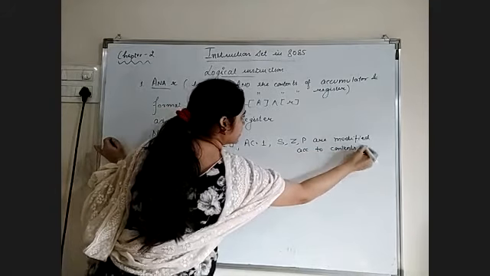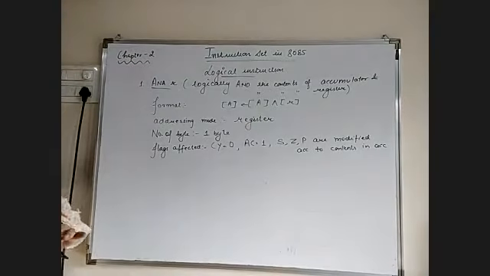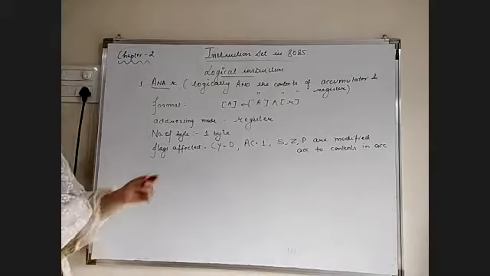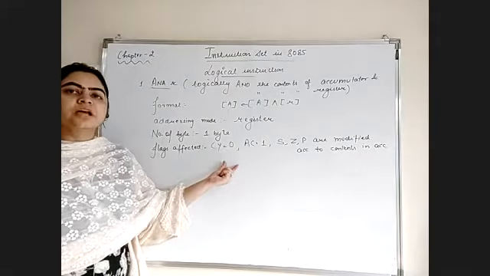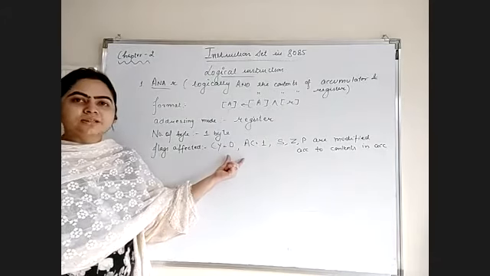So whatever contents we have in the accumulator will affect the value of sign flag, zero flag, and parity flag, but these two values remain fixed. Whatever contents we have in the accumulator won't affect these two values.